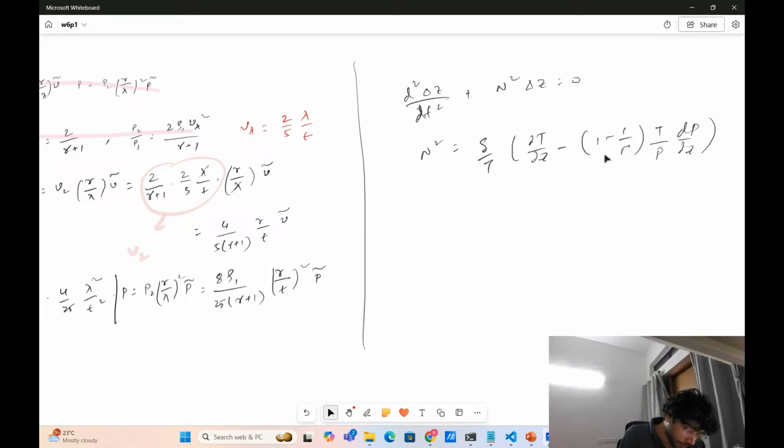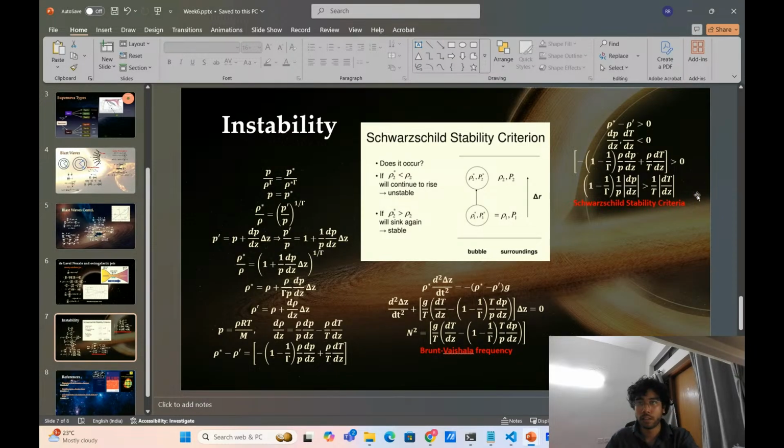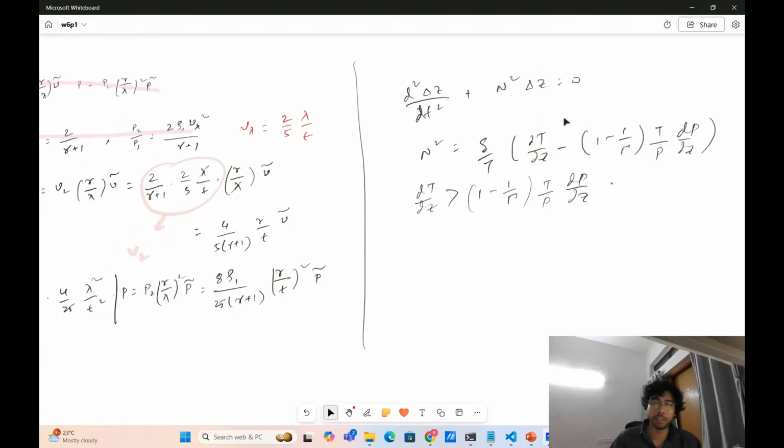If dT/dz is greater than this part, that means the Schwarzschild criterion is not satisfied, so the system becomes unstable. Whereas if dT/dz is less than this, the system is stable.